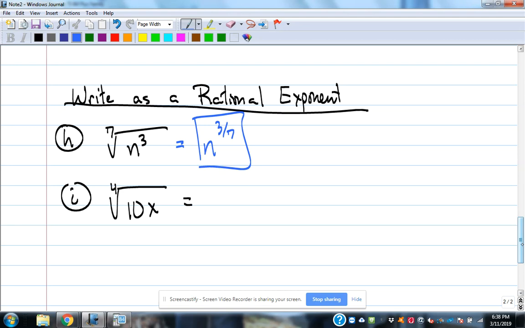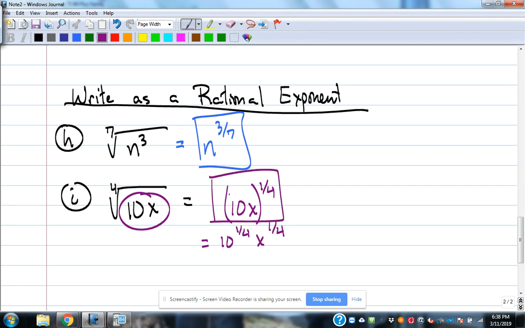Tell me exactly what to write. I think you're right, but I want to. So 10x, and then a 1/4 power, just like that. Where? Around the 10x. Why around the 10x? Yeah, because all of that is on the inside of that, so all of it should be on the inside of parentheses. So we could write it like this, or we could write it 10 to the 1/4, x to the 1/4. Realize that those are both the same thing. This is probably the most common way of rewriting that, with the parentheses. But this could also be the correct answer.